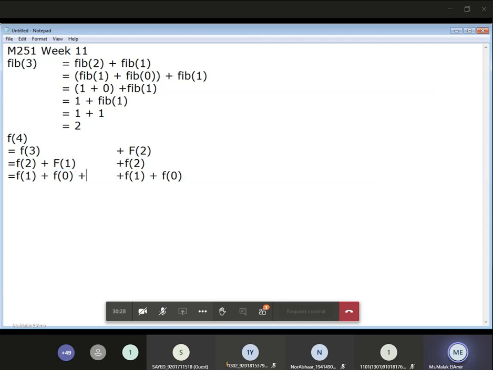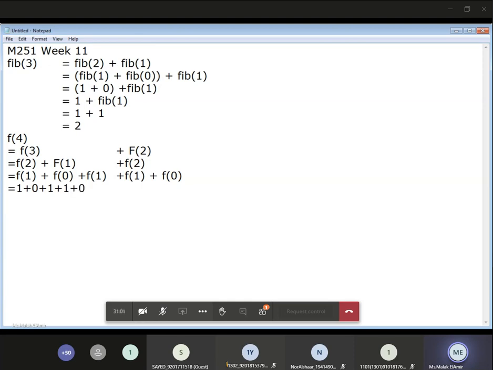Still Fibonacci of 1. Okay. What will be Fibonacci of 1? Fibonacci of 1 returns 1 plus Fibonacci of 0 returns 0 plus Fibonacci of 1 returns 1 plus Fibonacci of 1 returns 1 plus Fibonacci of 0 returns 0.